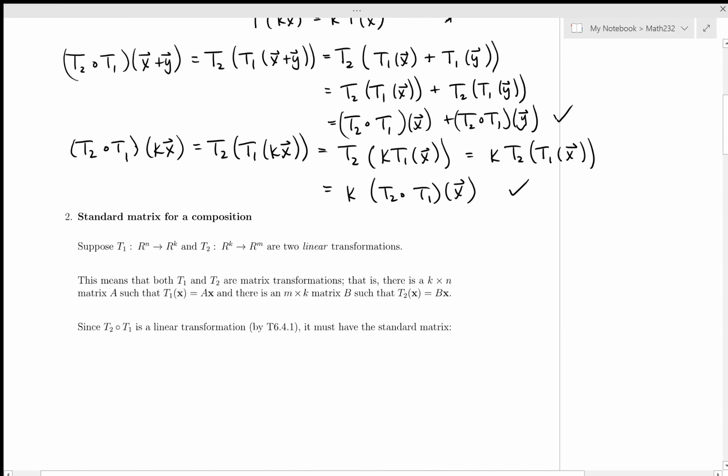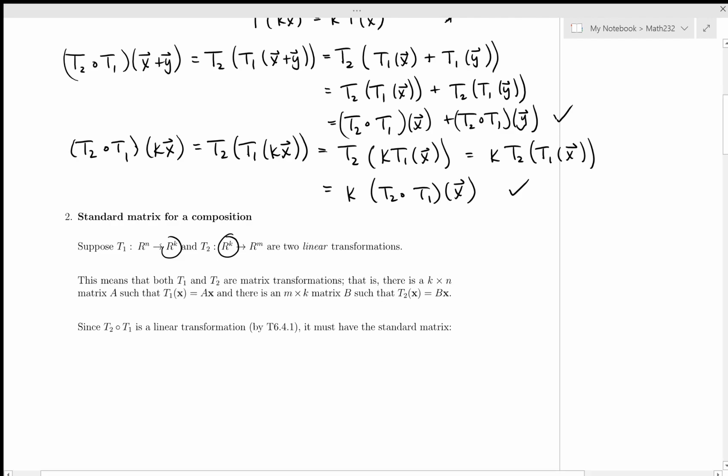Okay, suppose again we have two linear transformations. We immediately check that the dimensions match, and T1 and T2 are linear transformations. That means they can be represented by a matrix. And then we have the matrix size here.